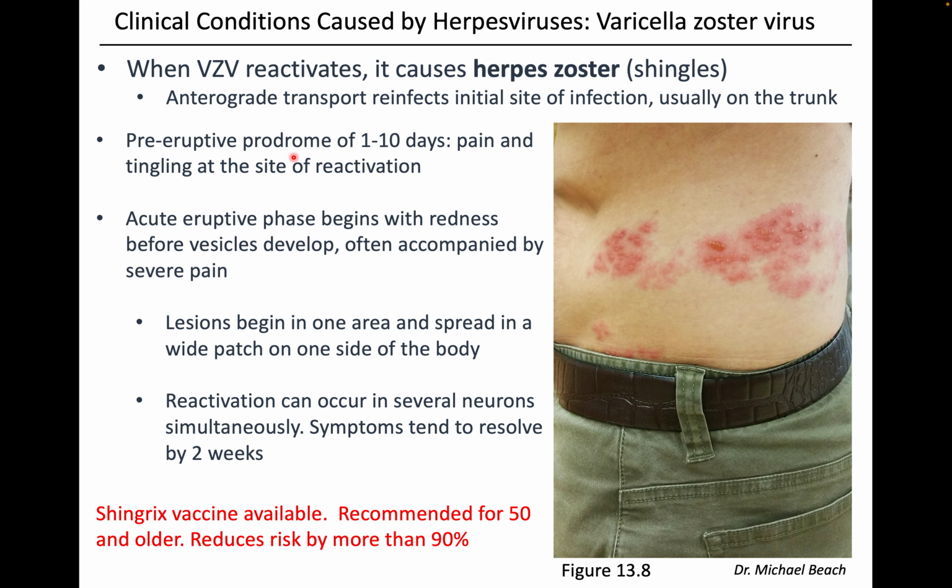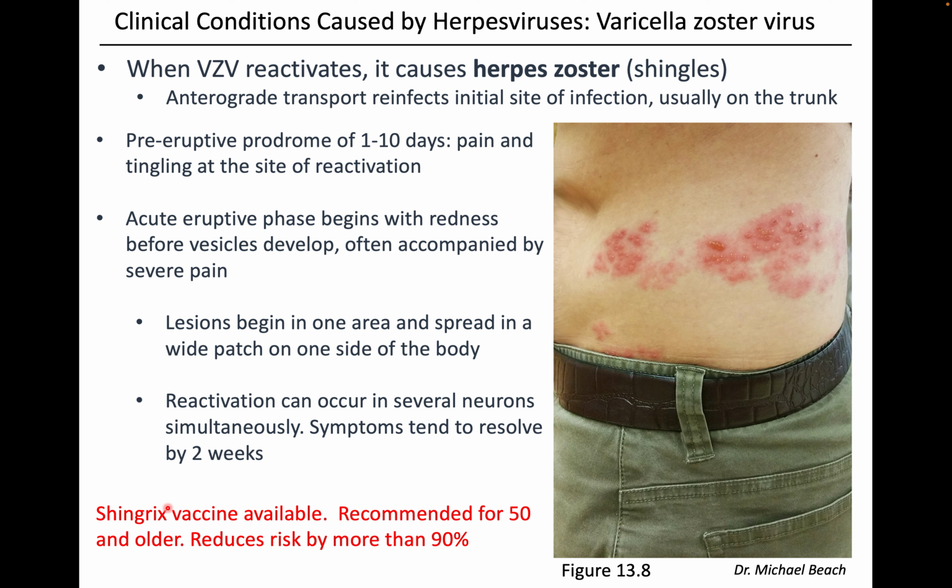And you will have a little prodromal period again where you've just got a little bit of pain and some tingling, but once you really get this going and active, it's supposed to be very, very painful. Not itchy like you have with chickenpox, just hurts. And that can last for up to a couple of weeks.